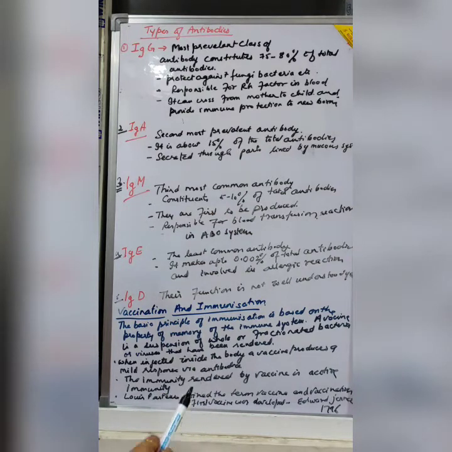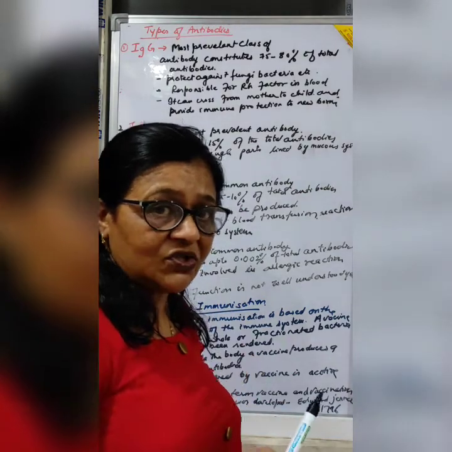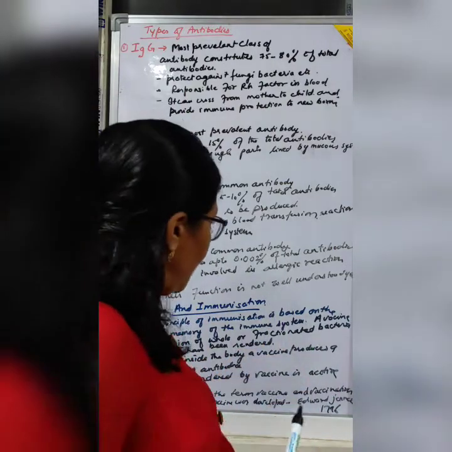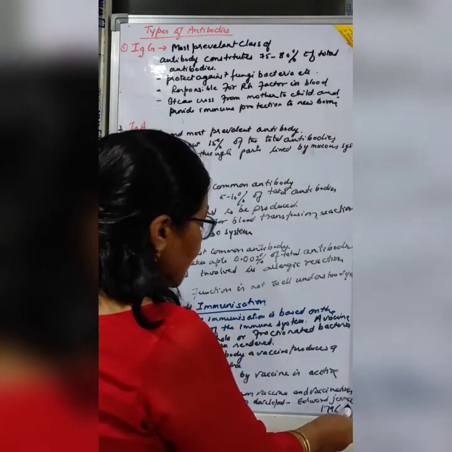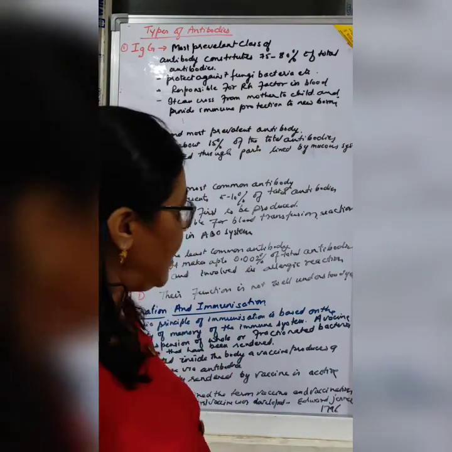The immunity rendered by the vaccine is active immunity. The term vaccine was coined by Louis Pasteur, and the first vaccine was developed by Edward Jenner in 1796.